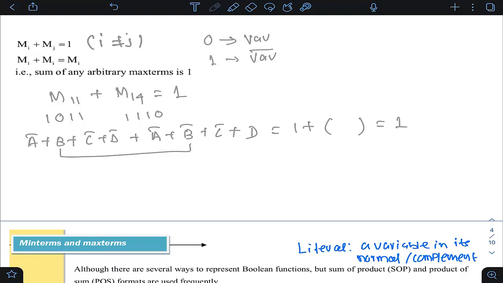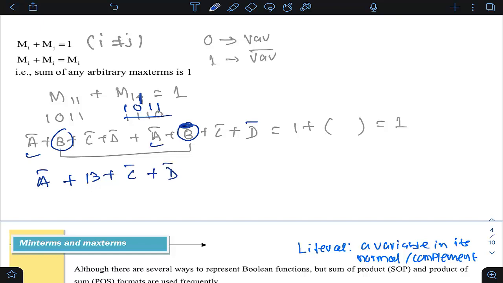But what is going to happen if I select the same index, that is maxterm 11 and also maxterm 11? You get again 1, 0, 1, 1. So A bar, B, C bar, D bar, and again A bar, B, C bar, D bar. So now A bar and A bar is A bar, B and B is B, C bar and C bar is C bar, D bar and D bar is D bar.